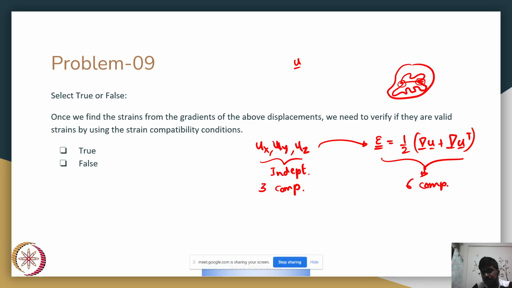So if you are going from displacement to strain, your strain compatibility conditions will always be satisfied. However, if you choose some strain components and are trying to find back the displacement, then your strain compatibility conditions must be satisfied.